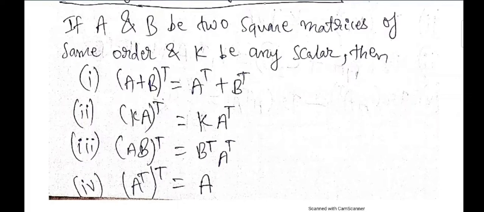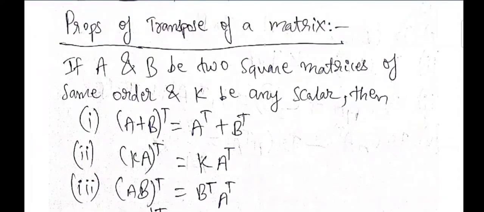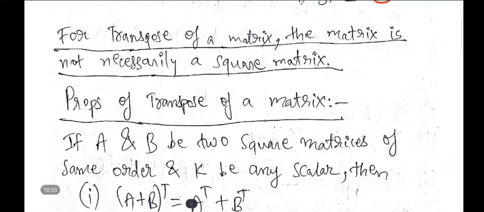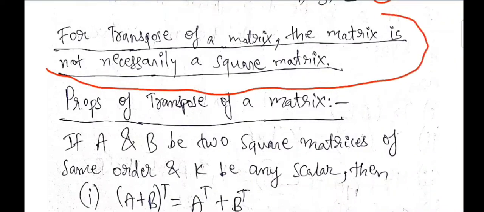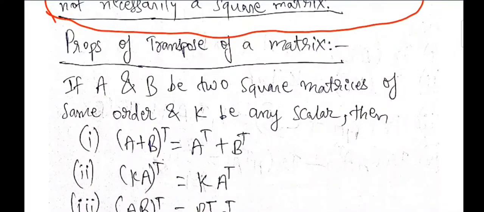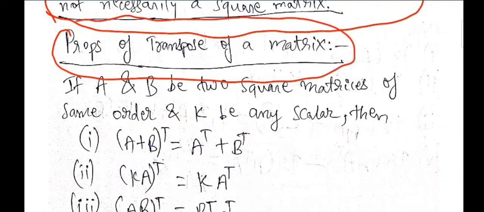The question arises that you had already told us that for finding the transpose of a matrix, the matrix is not necessarily a square matrix. Then while writing the properties of transpose, why are you taking that condition?